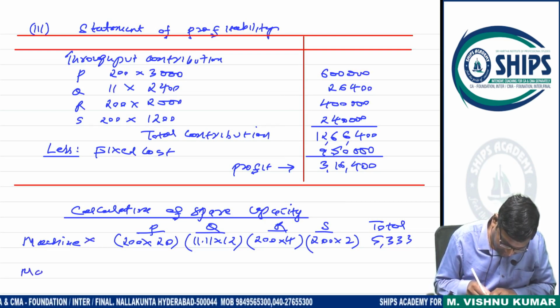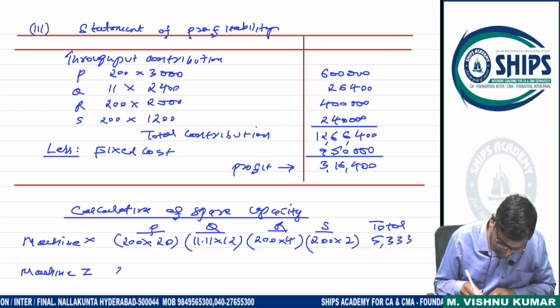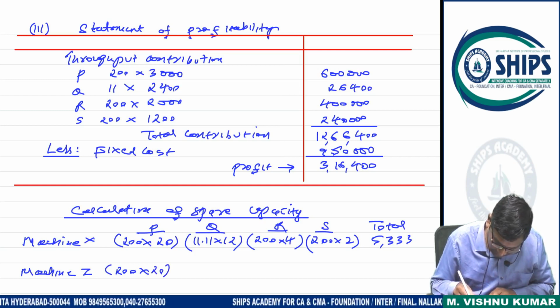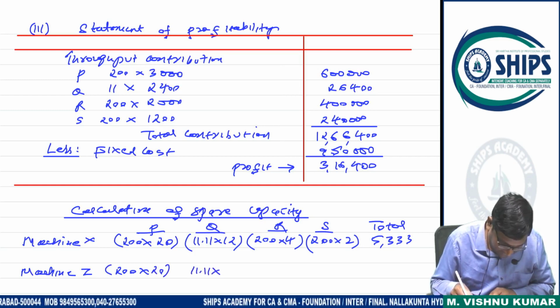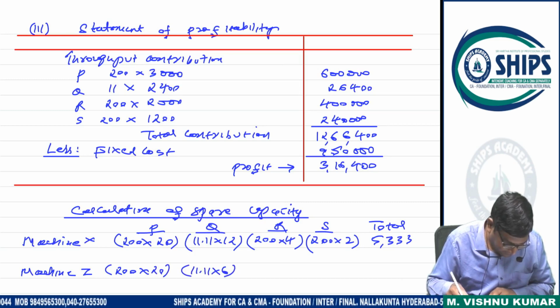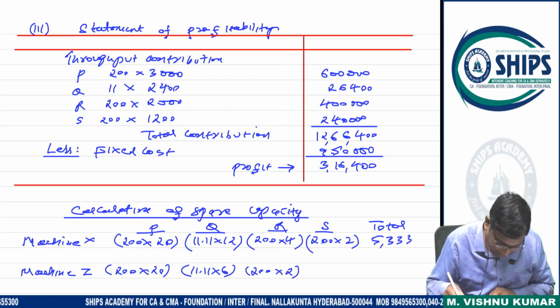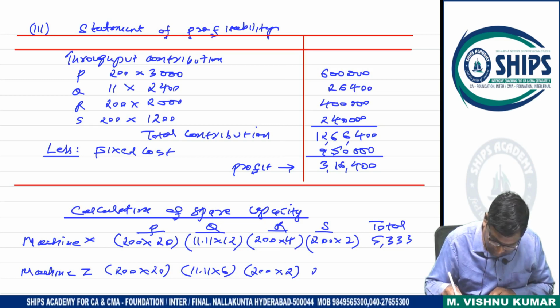Now machine Z. 200 into 20, 11.11 into 6, 200 into 2, 200 into 1.